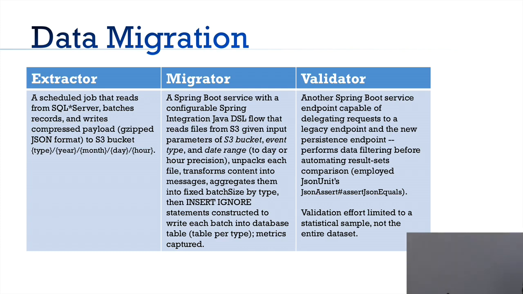So what we did was we wrote kind of an API that would make a call out to their legacy research tool, and that would make a similar call out to our platform, bring the data together, and do basically a JSON unit assertion. Is the JSON equal? What's good about this JSON assert is it's not doing a string comparison.